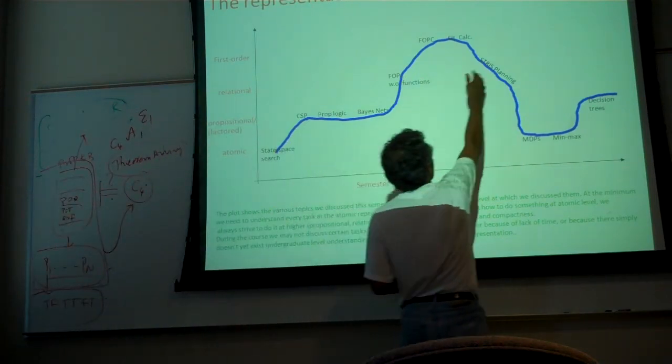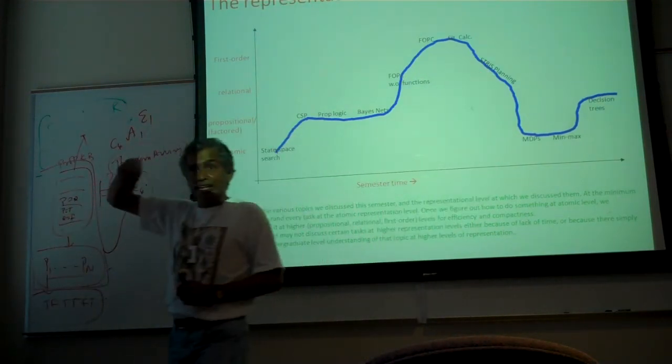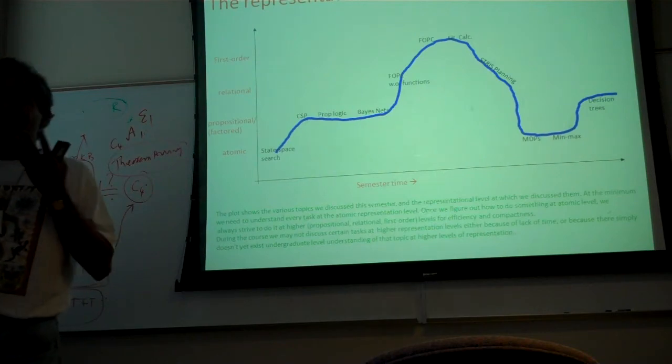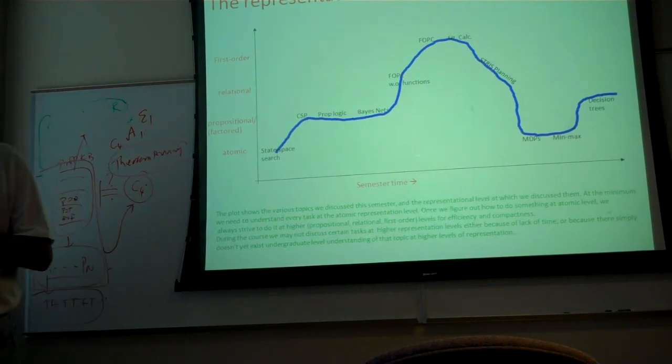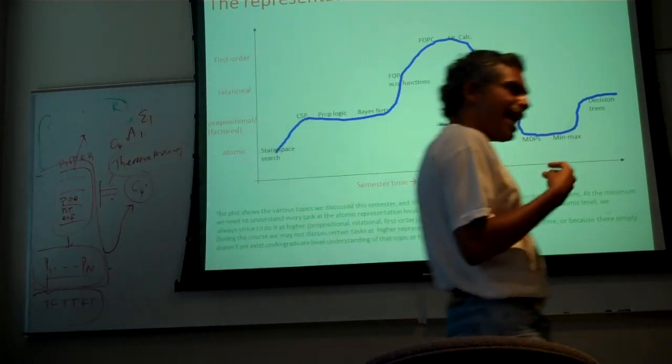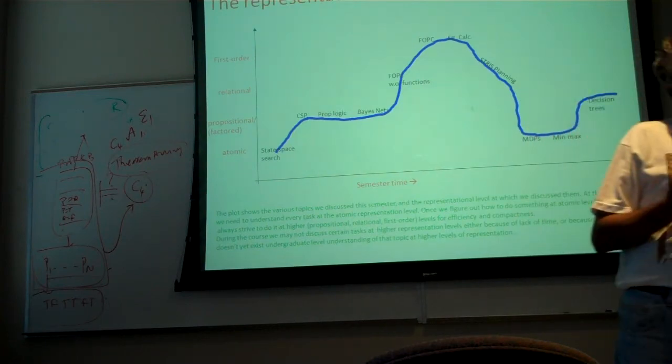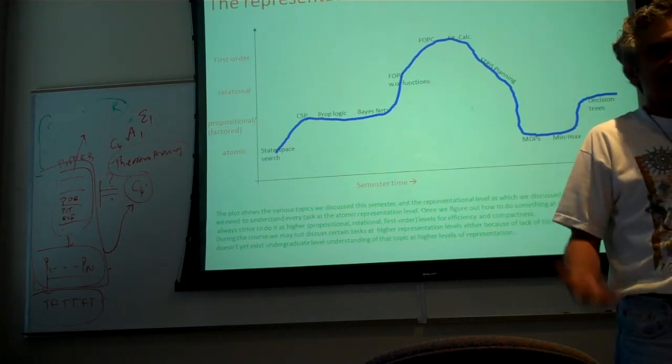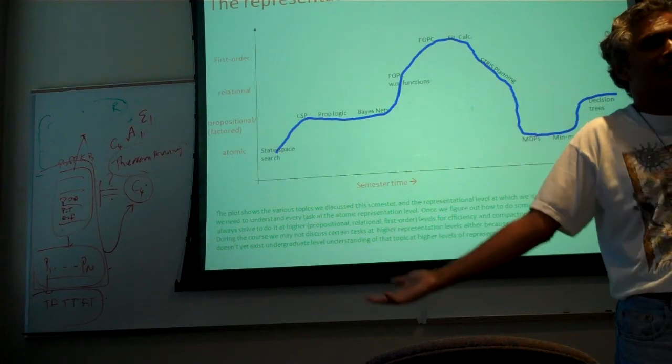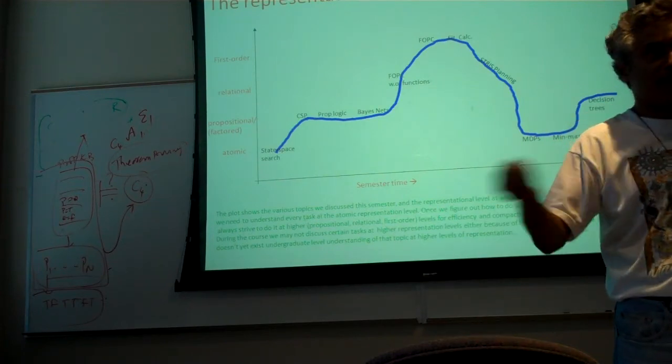But you do realize that when you're looking at planning, STRIPS planning got done at the propositional level. Why? Because at the atomic level, there is no difference between planning and basically any A-star search, because it's just path finding.